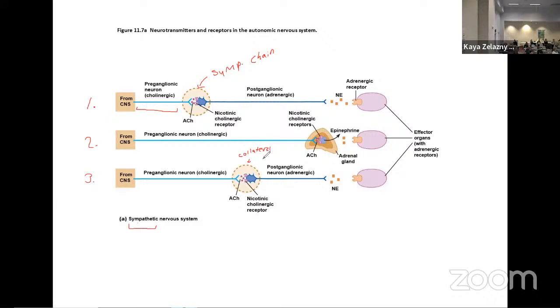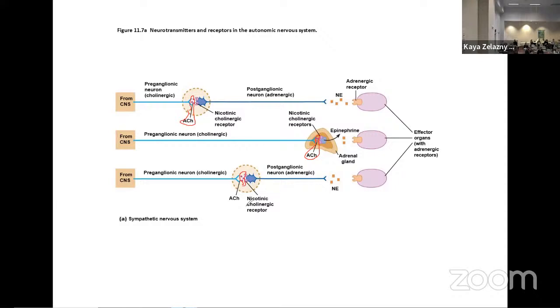Okay. All right. So what we're focusing on here is the neurotransmitters and the receptors. In each of these diagrams, we have acetylcholine released into that middle synapse, in the ganglion, or in the adrenal medulla, or here in the collateral ganglion.